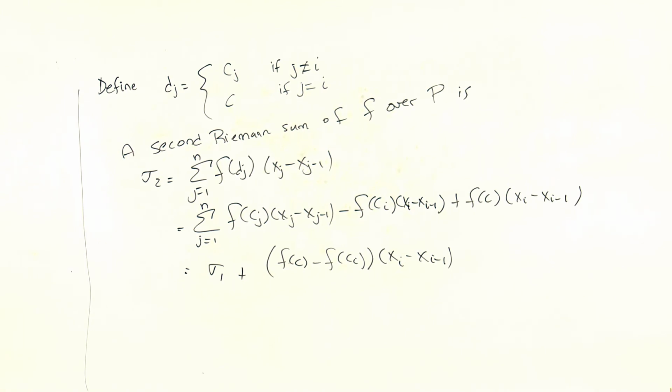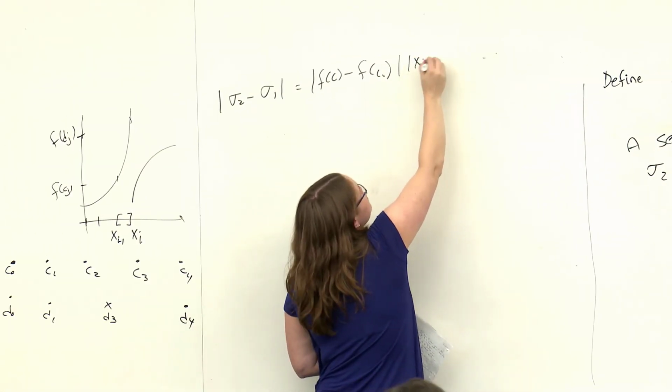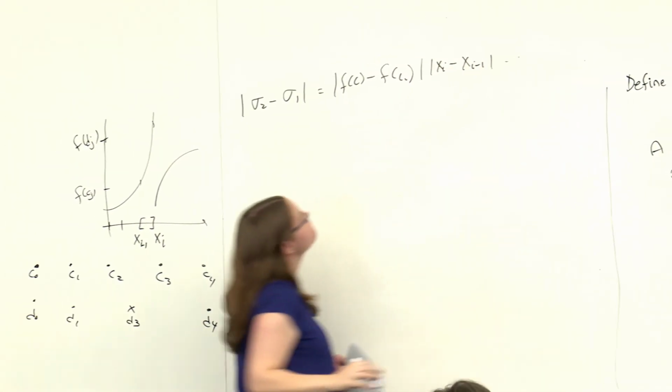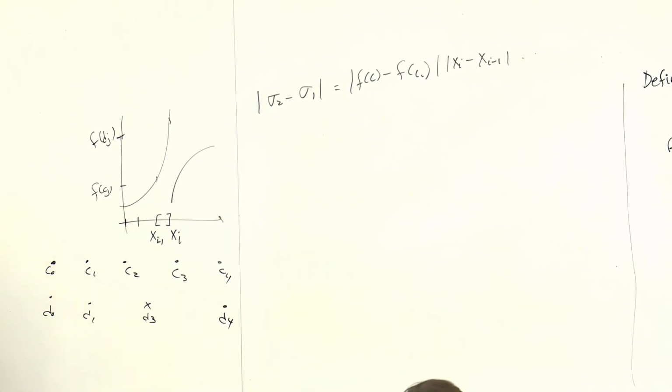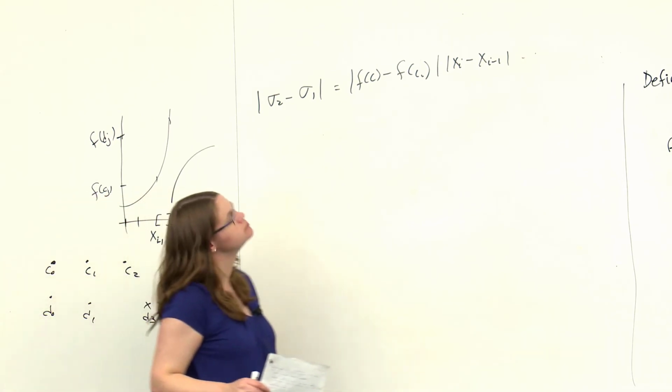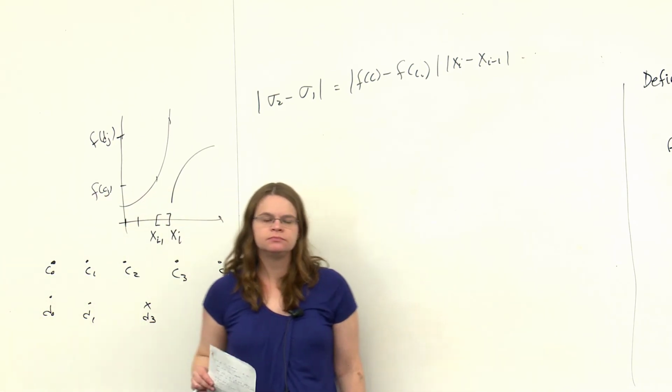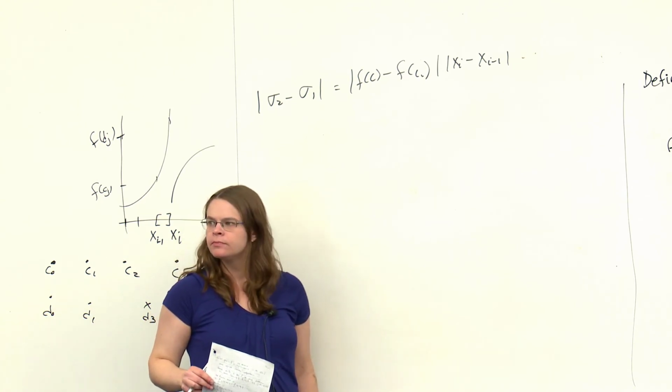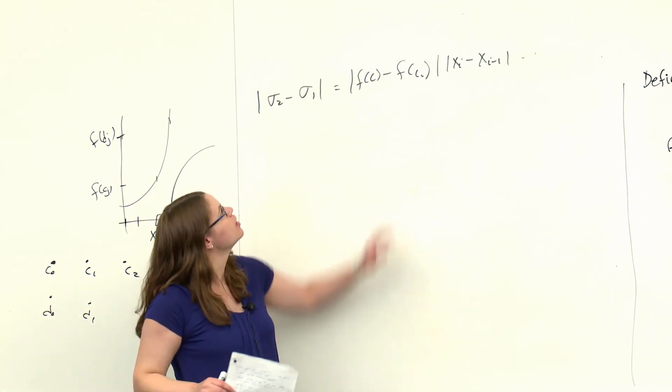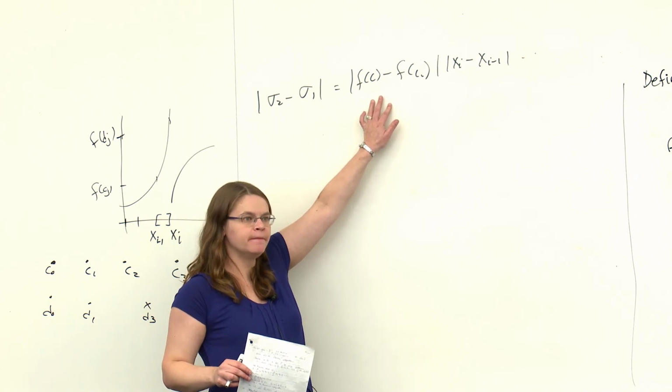Okay, so if we look at the difference, sigma 2 minus sigma 1 is going to be f of c minus f of ci times xi minus xi minus 1. Now this we picked really carefully, right?